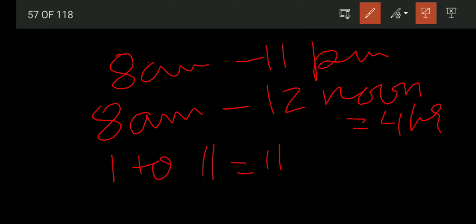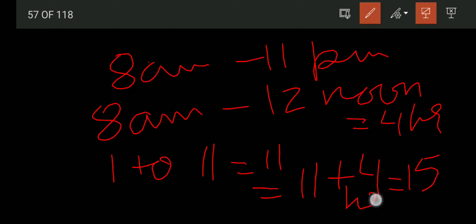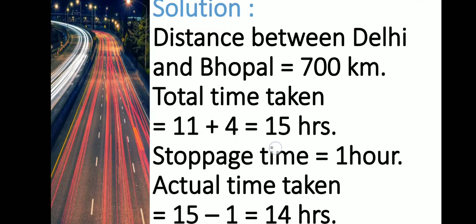So we'll add 11 plus 4, that becomes 15 hours. So you can see here how this 15 hours has come, and stoppage is 1 hour. So what would be the actual time? 15 minus 1, that is 14 hours.